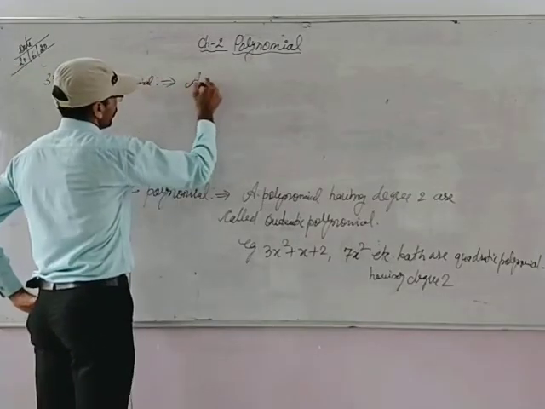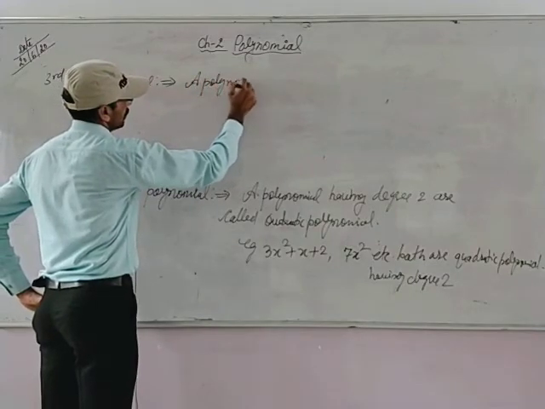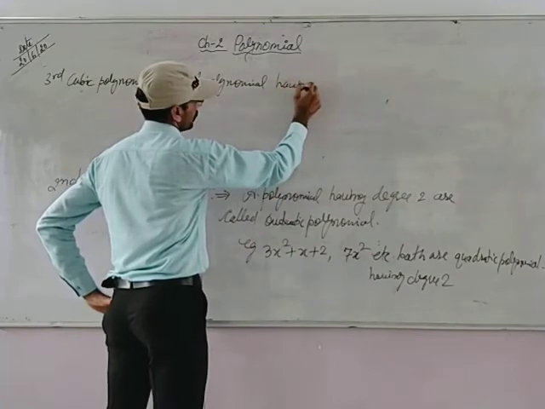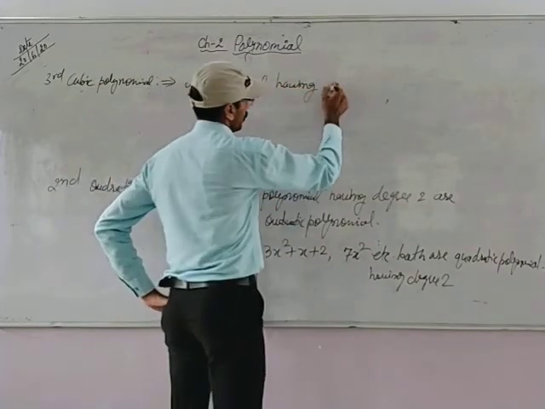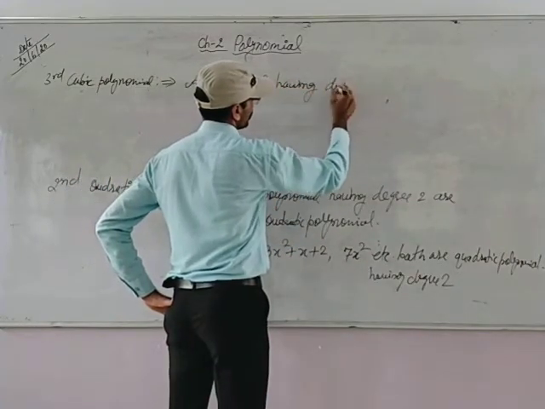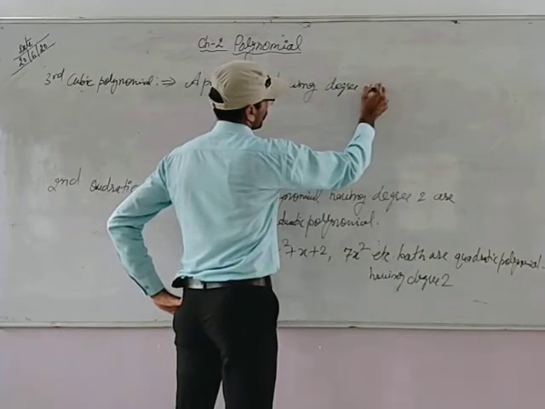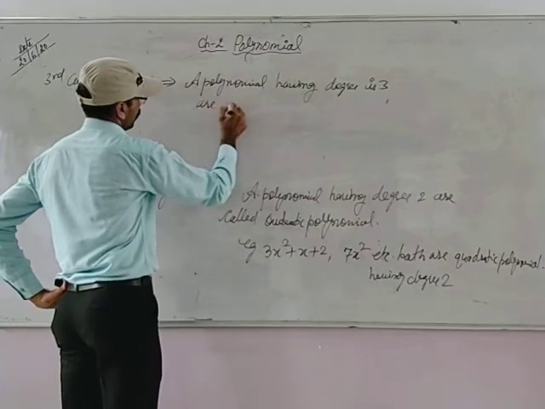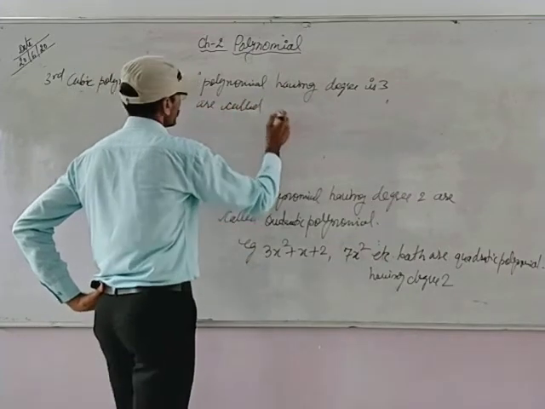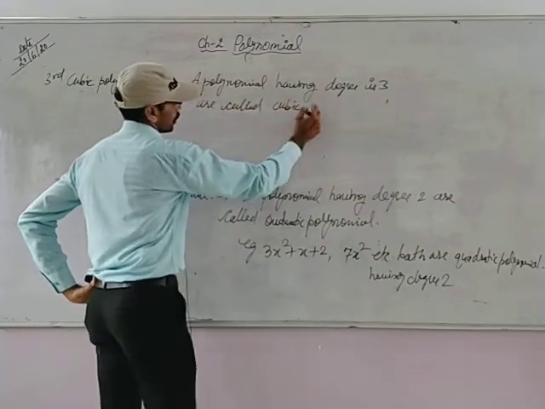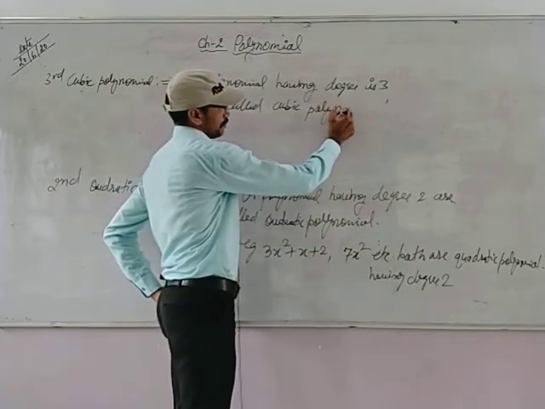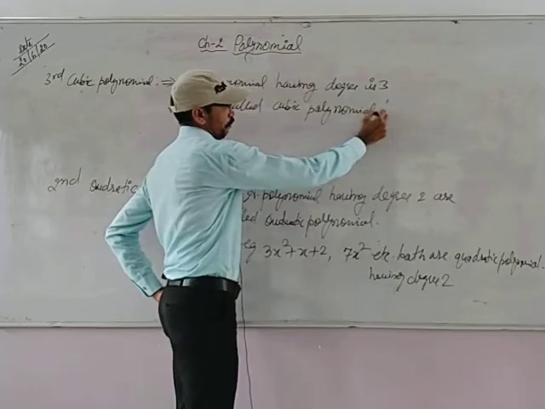A polynomial having degree 3 is called a cubic polynomial.